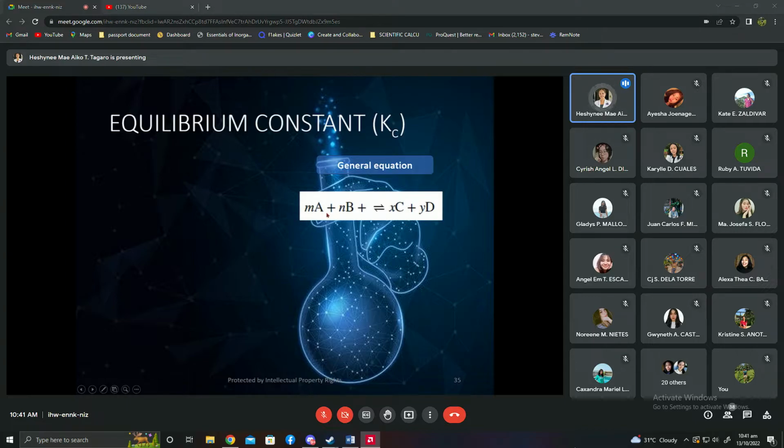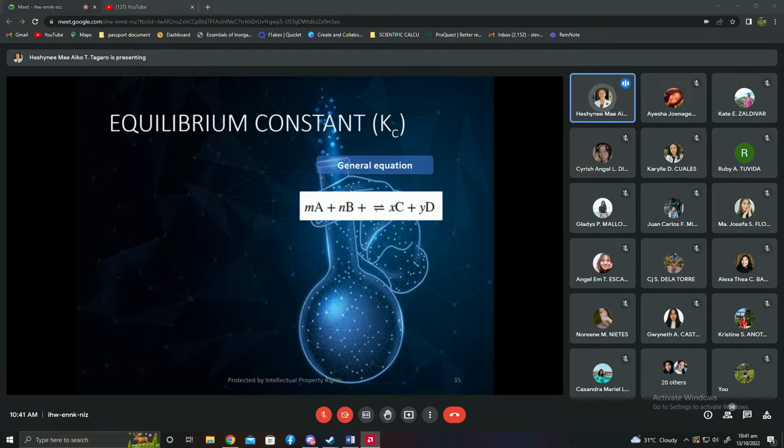A and B are reactants, C and D are the products, and M, N, X, and Y are the coefficients of the reactants and products respectively.